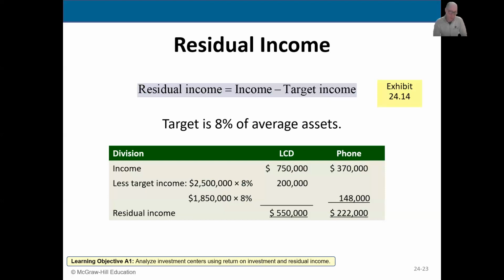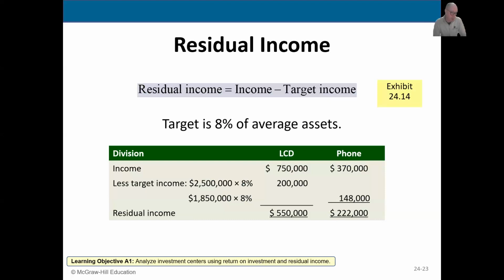The way we find this is by taking income minus the target income to equal the residual income. How do we find target income? We take the average assets and multiply that by the target percentage of average assets.